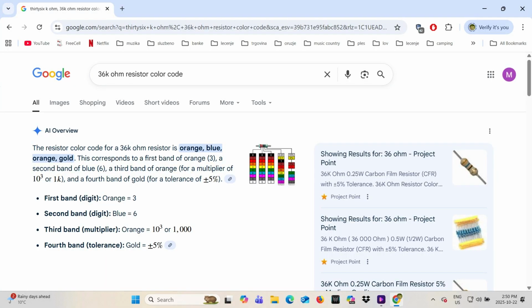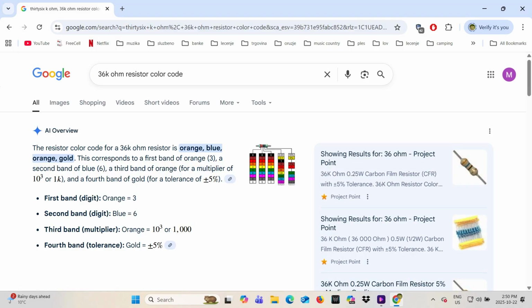Hey Aiko, color code for a 36 kilo ohm resistor. Google babe, please read it. The resistor color code for a 36K ohm resistor is orange, blue, orange, gold.